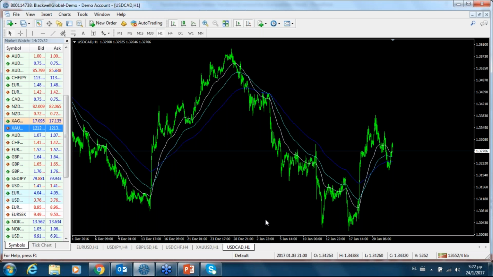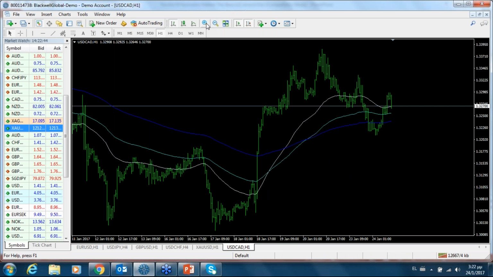Okay, so you've got the three lines there, and the way I use these three lines for trend is very simple. When you have got majority of candles above all three lines, that gives you an indication of an uptrend. If majority of the candles are under all three lines, then it gives you an indication of a downtrend.